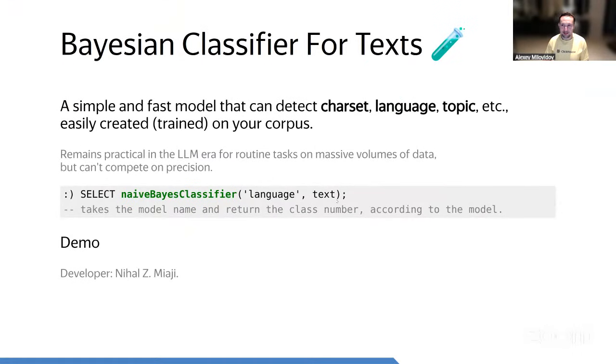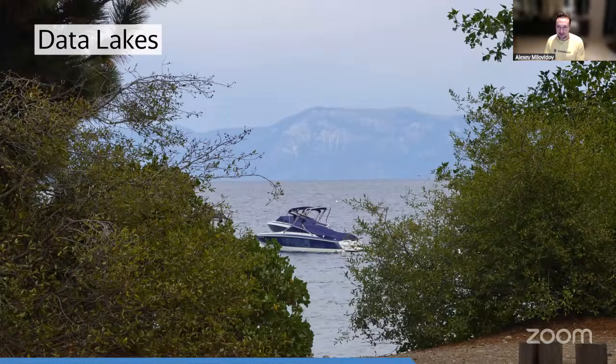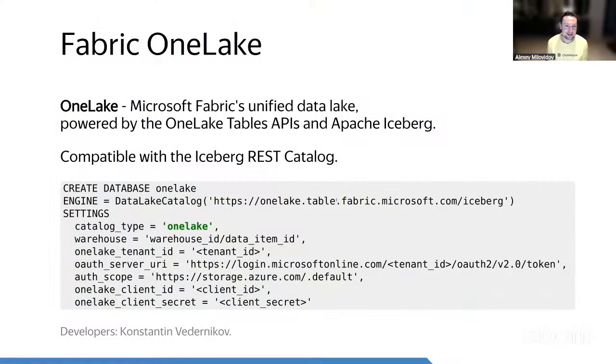What else? What about data lakes? Every release we have something for data lakes because there are so many different data formats, so many different data catalogs. And even if we implement one or two new data catalogs every release, it will not be enough. And now we have support for Microsoft Fabric OneLake catalog.